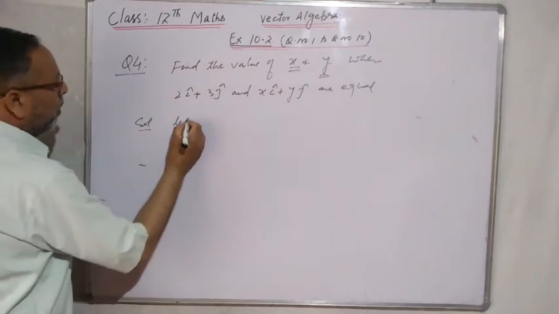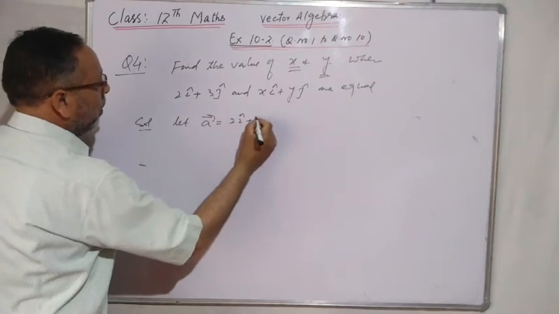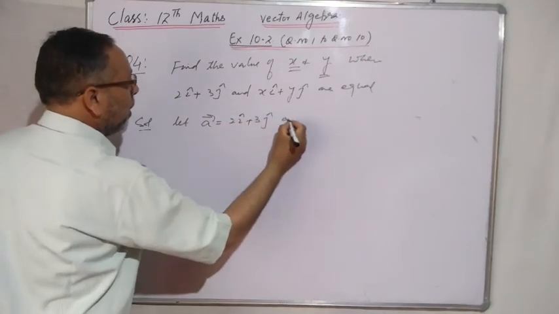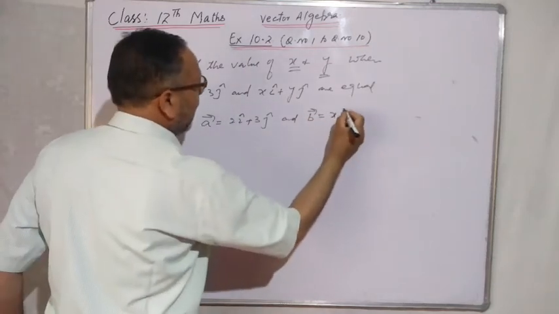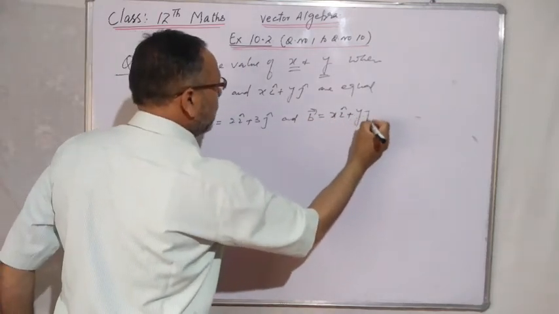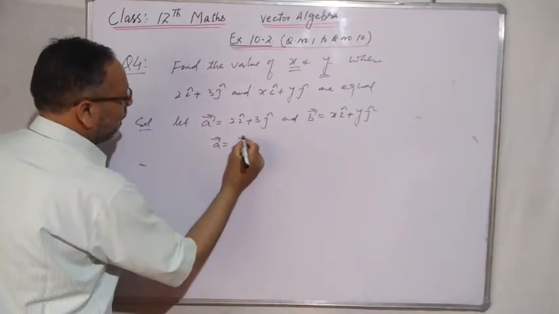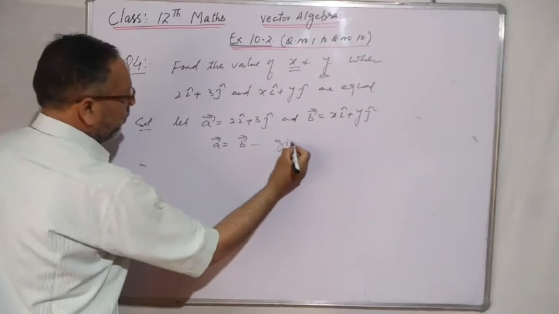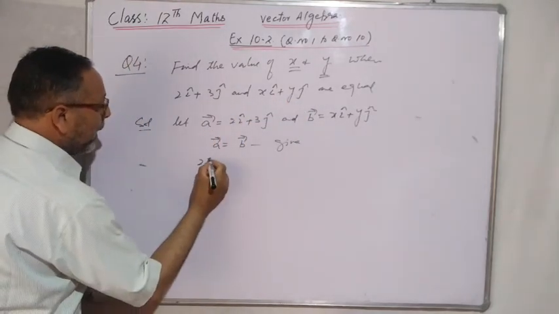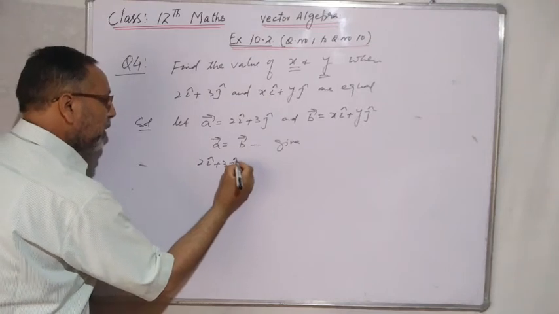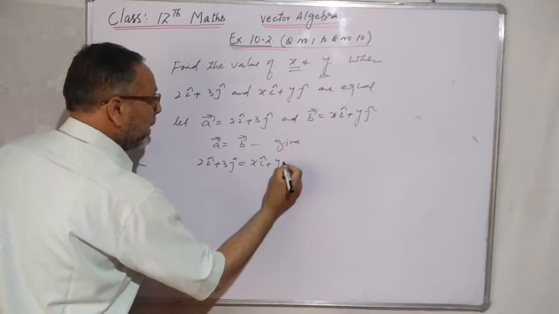So let me say vector A is equal to 2i cap plus 3j cap and vector B is equal to xi cap plus yj cap. It is given that vector A is equal to vector B. दोनों वेक्टर बराबर हैं, so that means 2i cap plus 3j cap is equal to xi cap plus yj cap.